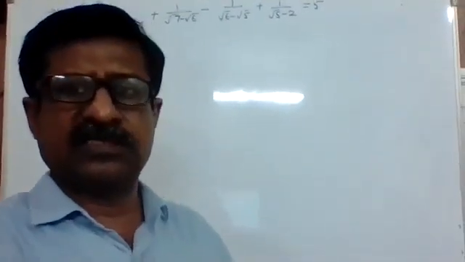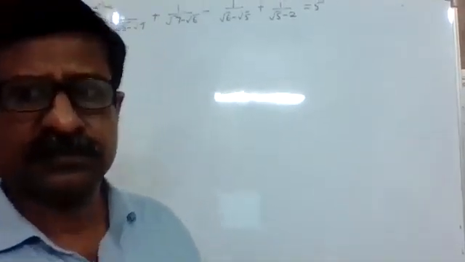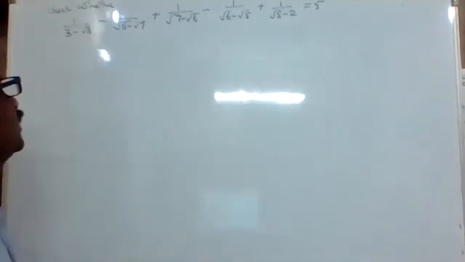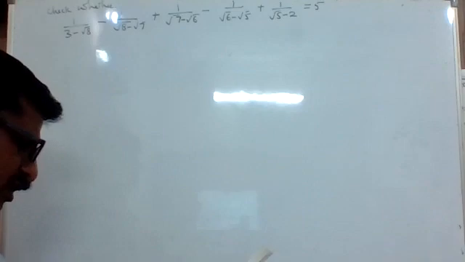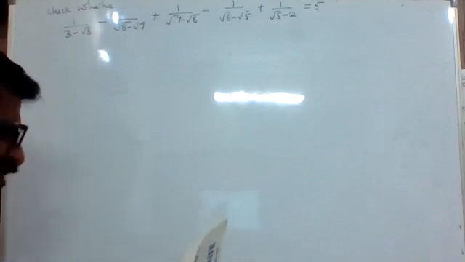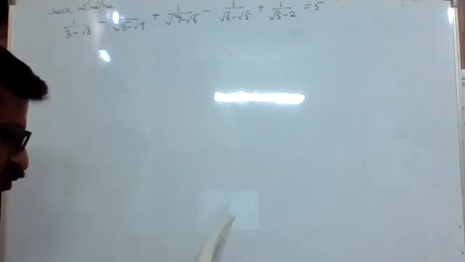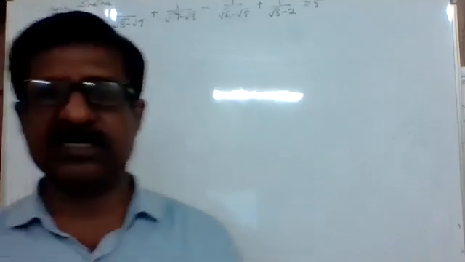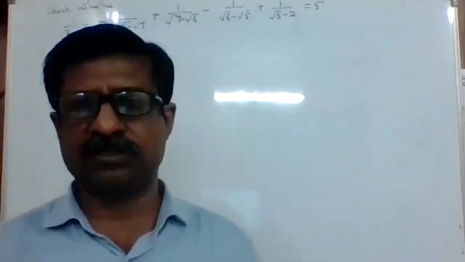Okay, this is the question. 1 upon 3 minus root 8 minus 1 upon root 8 minus root 7 plus 1 upon root 7 minus root 6 minus 1 upon root 6 minus root 5 plus 1 upon root 5 minus 2 is equal to 5 or not.